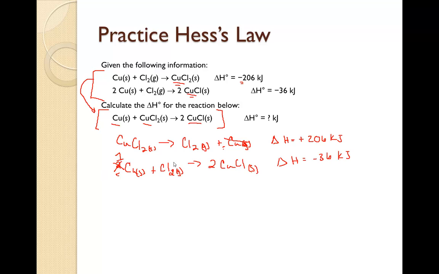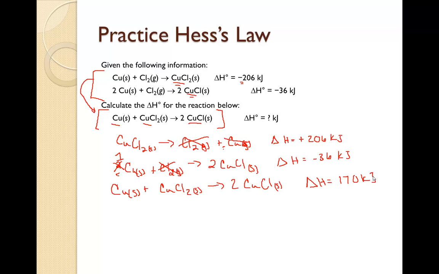The chlorines can cancel out, and we now have copper solid plus copper 2 chloride solid yielding 2 copper 1 chlorides. We're going to add these numbers up to get our final delta H. The delta H of the reaction is 170 kilojoules.